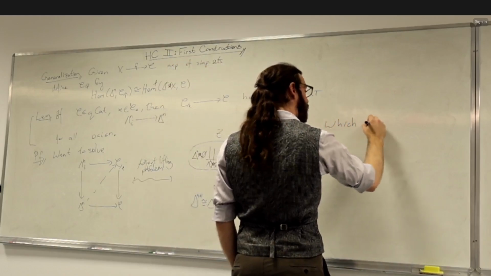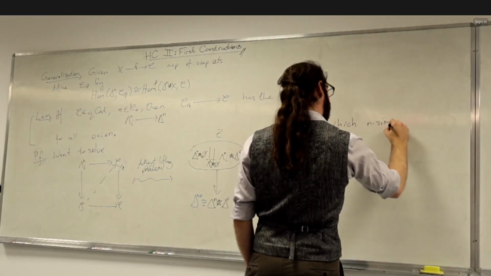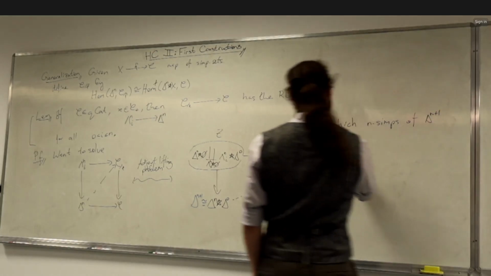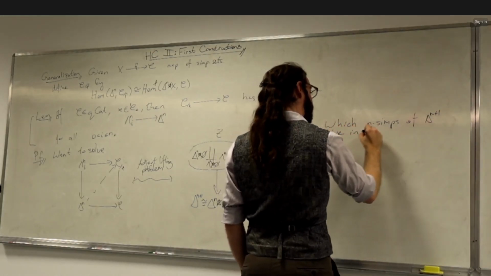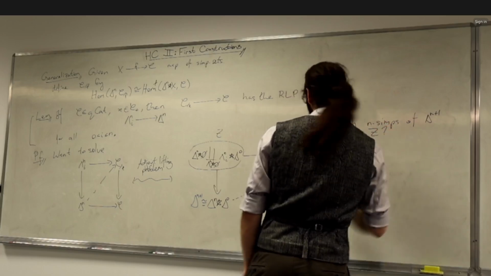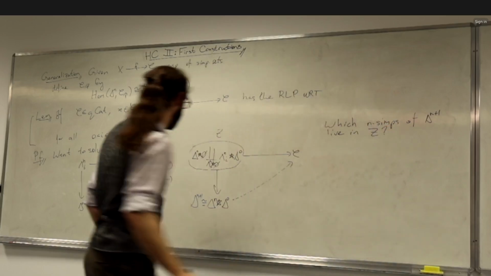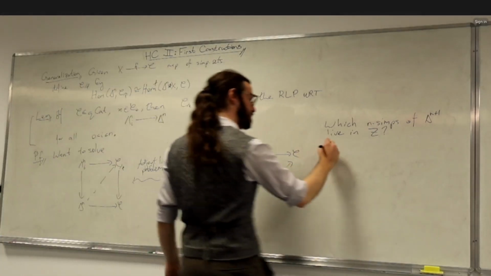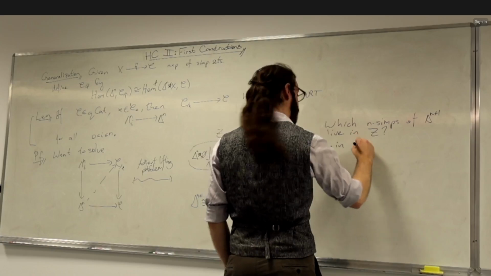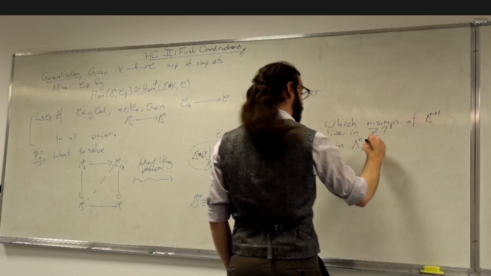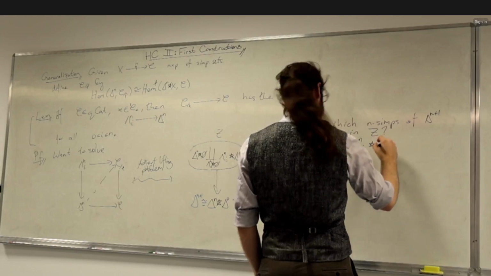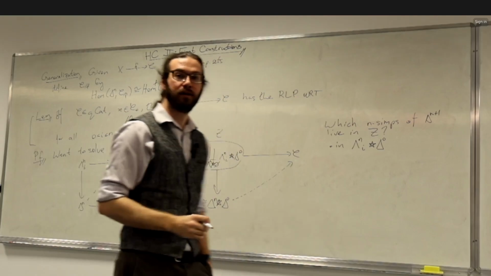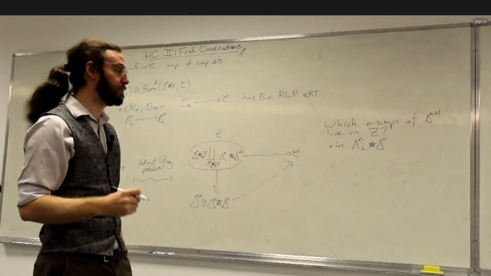So which n simplices of delta n plus 1 live in Z? Well, here in lambda n i join delta 0, we have some missing n simplices.